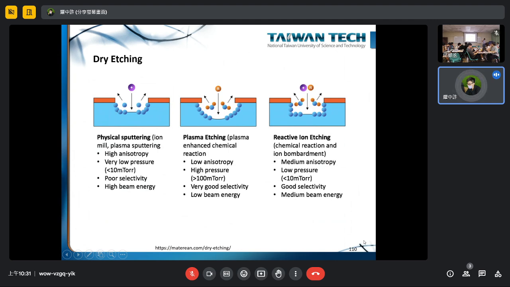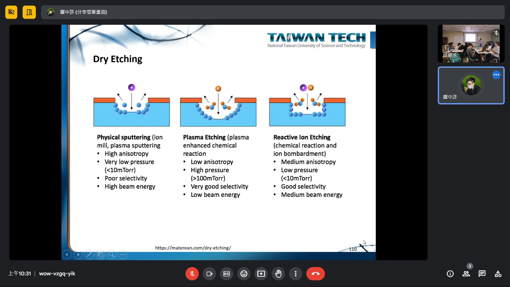You can see this is very collimated, but has poor selectivity. All the materials can be removed, but with high anisotropy. High anisotropy means if I want to react with this region, we can react very specifically with this region.